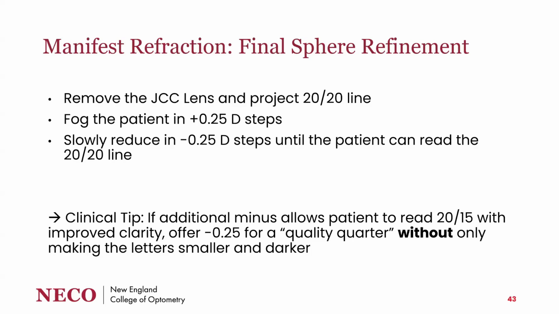If additional minus allows the patient to read 20/15 with improved clarity, you can offer 1 click of minus quarter as long as it does not make the letters smaller and darker. You want to verify, does it truly make it clearer or just smaller and bolder? If they report smaller and bolder, you've likely over-minused your patient and should give them back that click of plus.